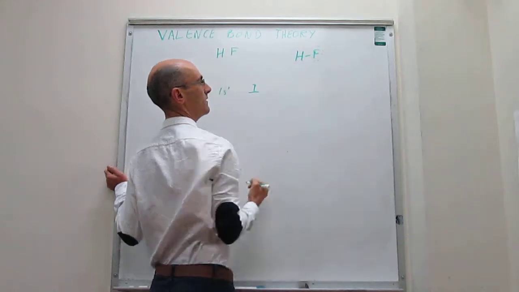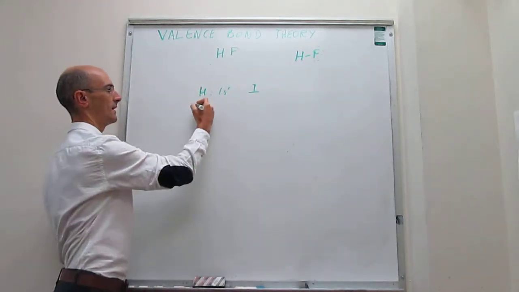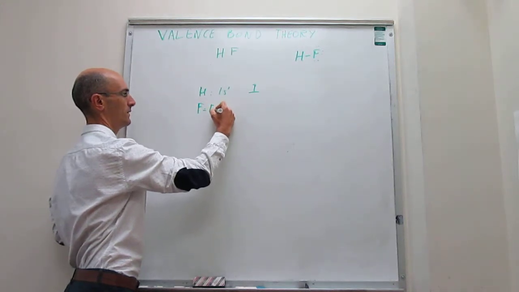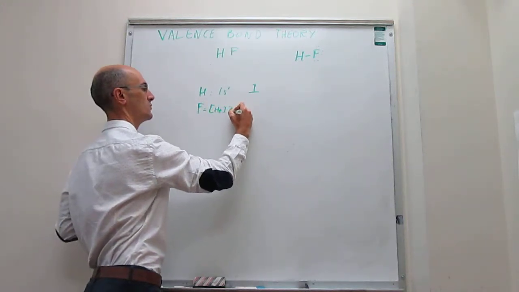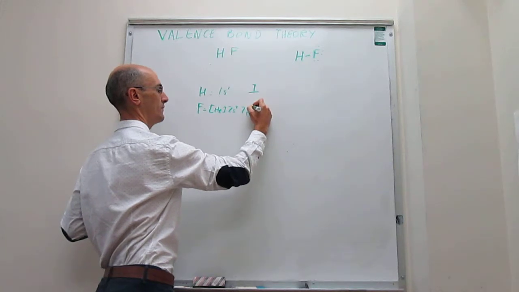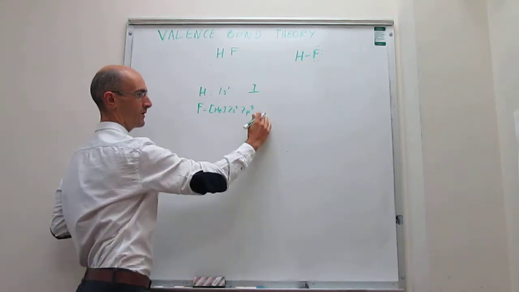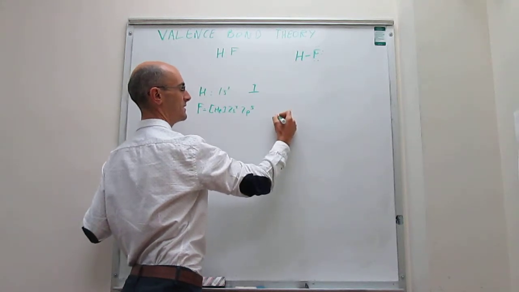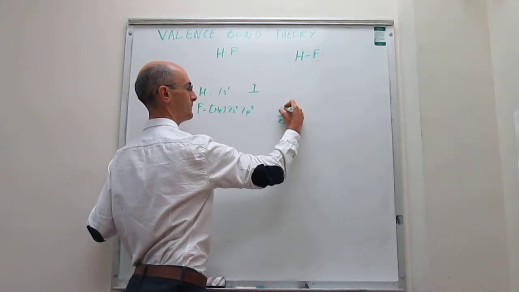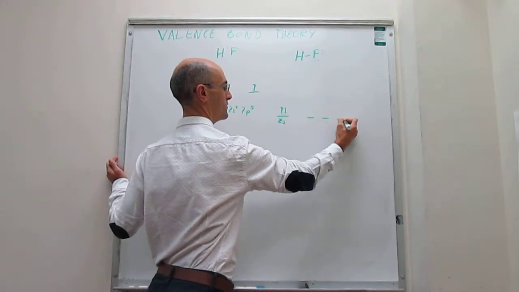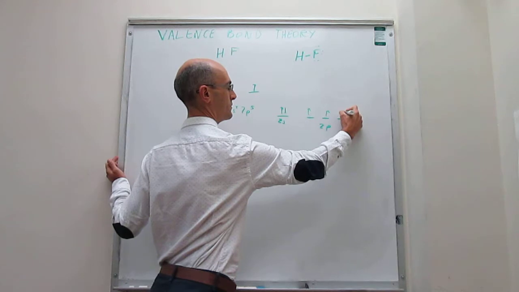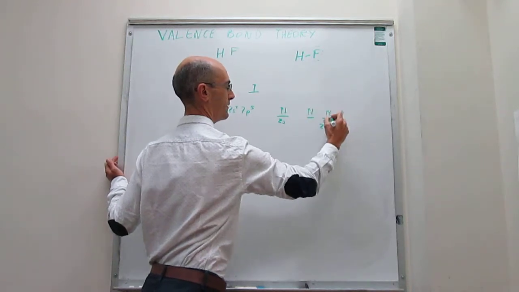Then we try to figure out what the electronic configuration for fluorine would be, which is helium, and then 2s2, 2p5. If we draw the box electronic configuration, it will be something like this. For the valence, this is the 2s, and then we have three 2p's, and you have 5 electrons, so 1, 2, 3, 4, and 5.